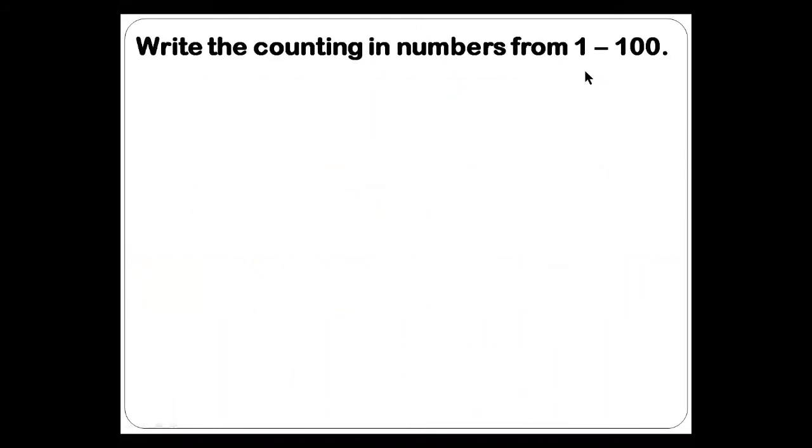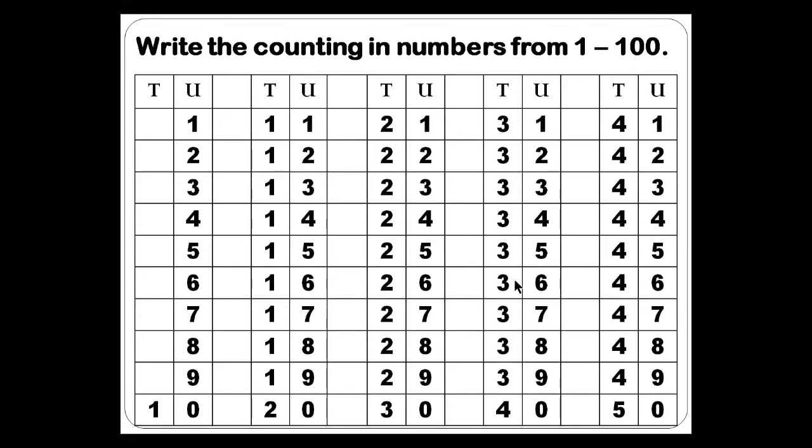Write the counting in numbers from 1 to 100. This is the way of writing the numbers. You can see the page of counting on your screen. Your copy is also like this, with boxes, so you will use this proper way of writing the counting in your fair copy.